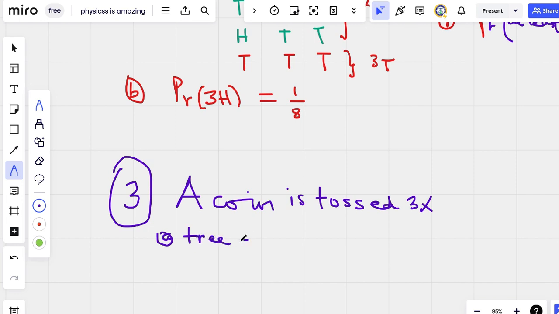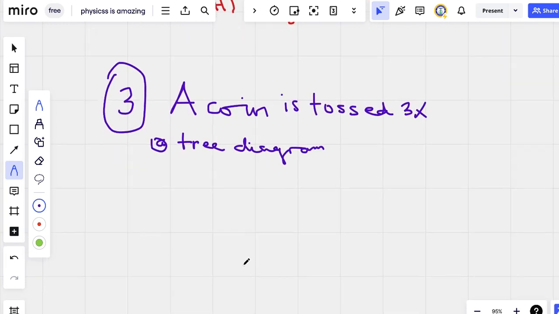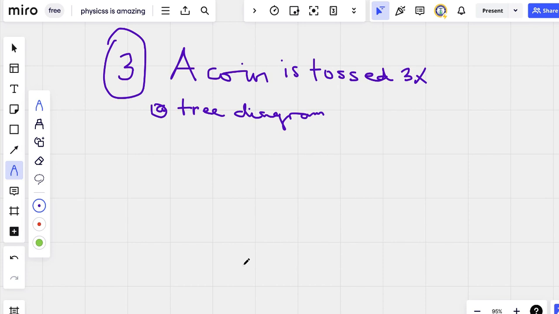Tree diagrams, outcomes and their probabilities. So first of all, we write Toss 1, because we're going to toss a coin 3 times.